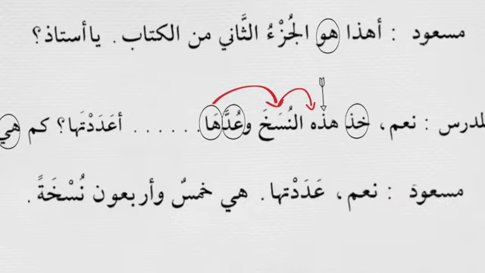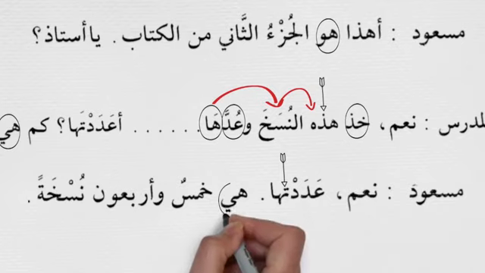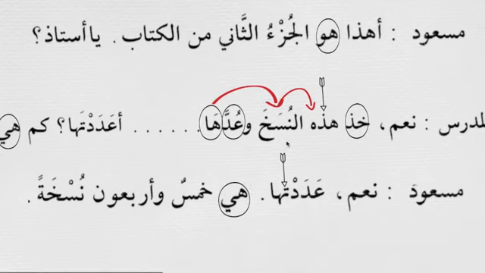It says naam adattuha. So I counted them. So here they are, and here not she, which means here refers to nusakh. Nuskhatun. They are khamsun wa arba'un. So we know the numbers. So it is 5 and 40, but how to say it is 45.